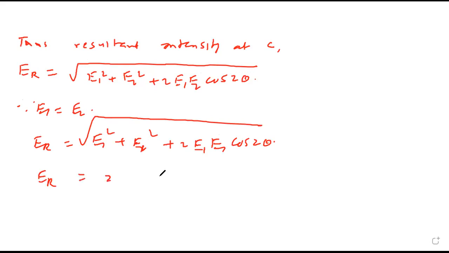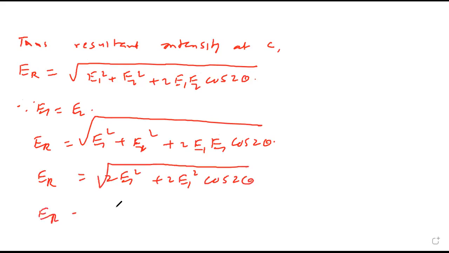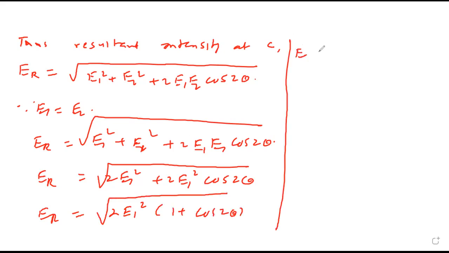ER is root of 2 E1 square plus 2 E1 square cos 2 theta, so ER equals root of 2 E1 square into 1 plus cos 2 theta, equals root of 2 E1 square into 2 cos square theta.